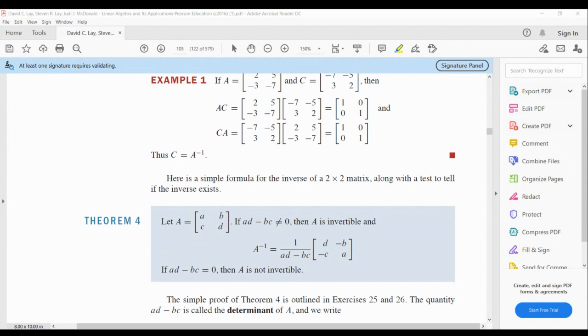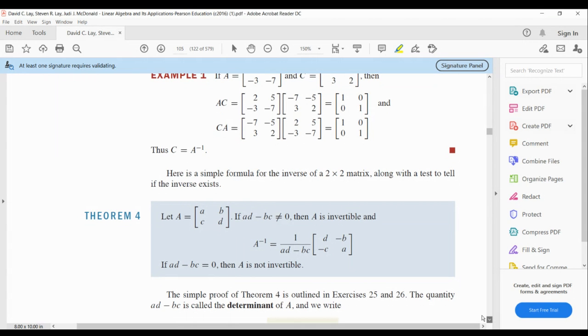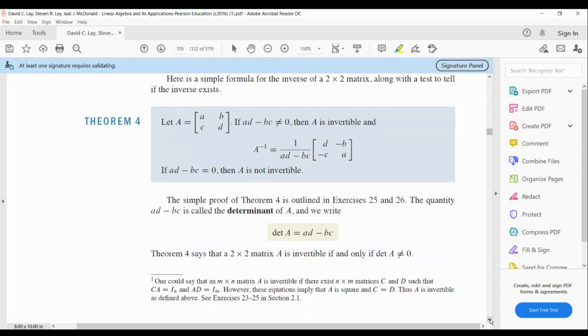The expression under the 1, A times D minus B times C, is called the determinant of A. So you have this A, B, C, D matrix. If you take the product of the one diagonal, A times D, thank you, Justina, she's seen it too, and subtract the product of the other diagonal, B times C, that's called the determinant of the 2 by 2 matrix A. Now, this is a nice formula, but it's only good for 2 by 2 matrices that have inverses.